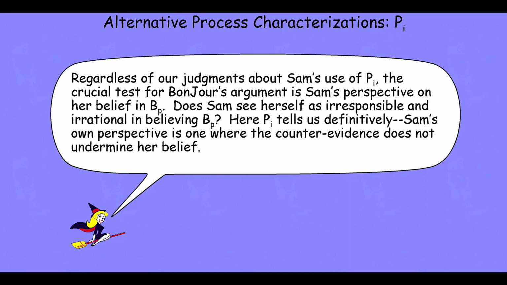Does Sam see herself as being irresponsible and irrational in believing P? But here I think PI tells us definitively no. From Sam's own perspective, the counter evidence just has less evidential merit than the fact that she's got this deliverance from her clairvoyant power. And so it doesn't seem like she is irrational or irresponsible from her own subjective perspective.